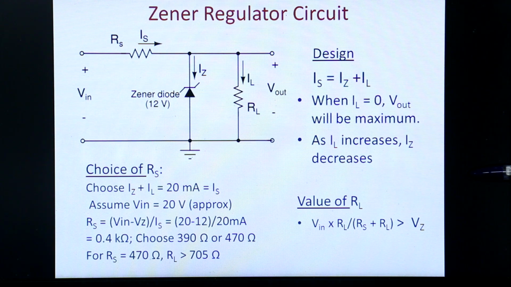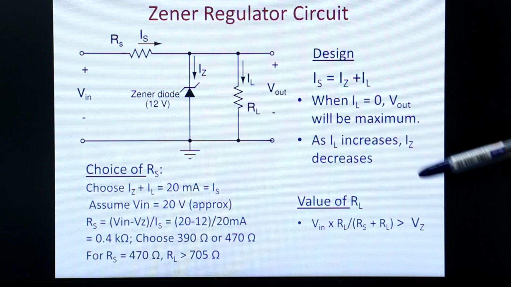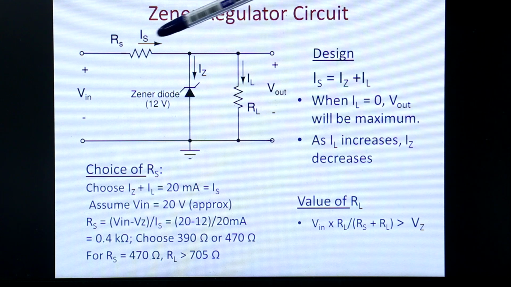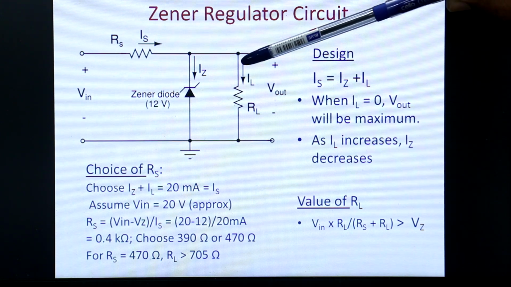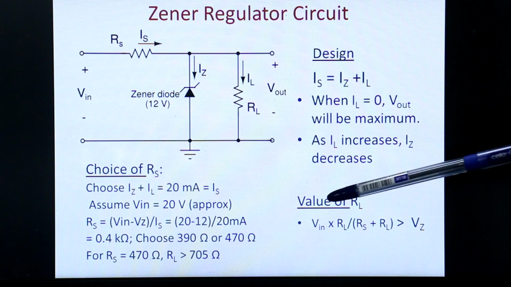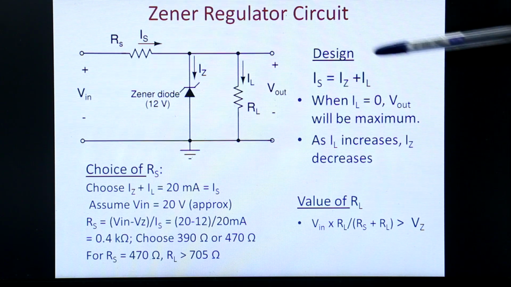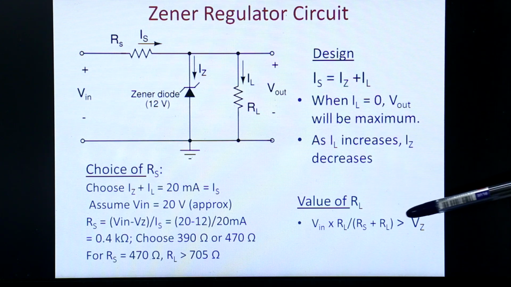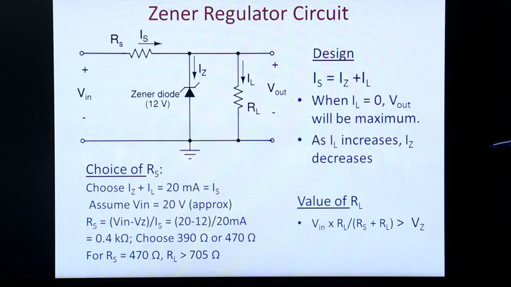So how do we find that? That can be found easily by writing a simple equation: Vin times RL divided by RS plus RL should be greater than VZ. If you can satisfy that condition, then you can assume that the Zener is in operation. This is a very important aspect to remember when you design a Zener regulator circuit.